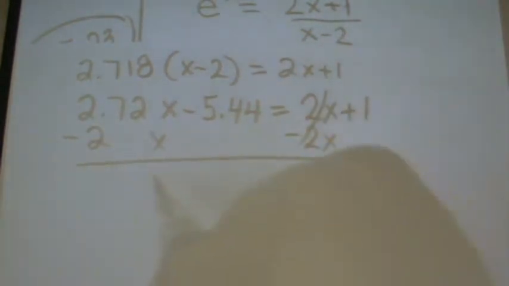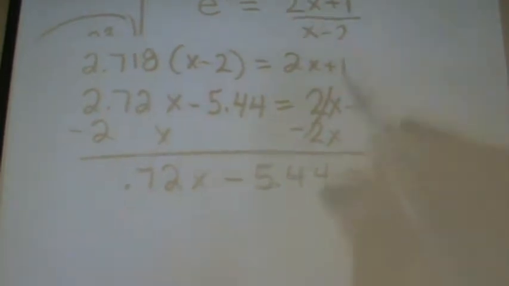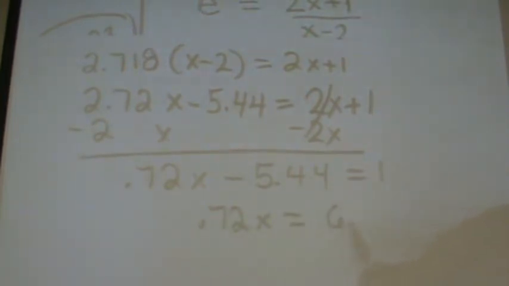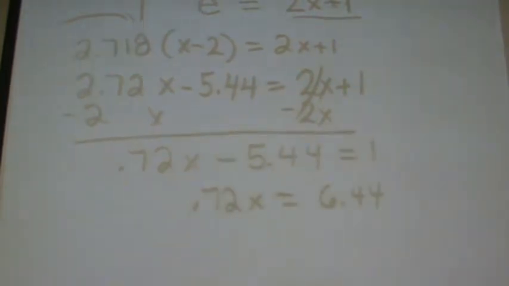So what do you get? 0.72x minus 5.44 equals 1. Boy, this makes you, huh? Add 5.44. And you get 6.44. And 8.94.